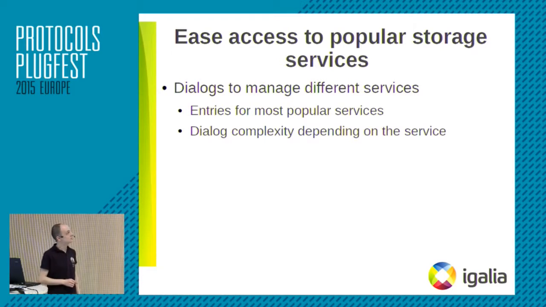And to ease access to the most popular storage services, there will be dialogues to manage the different services, and the dialogues will vary depending on the service you want to configure. So they ask you for the minimum data you need to connect to that kind of server.